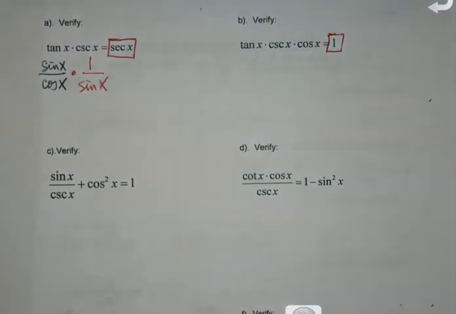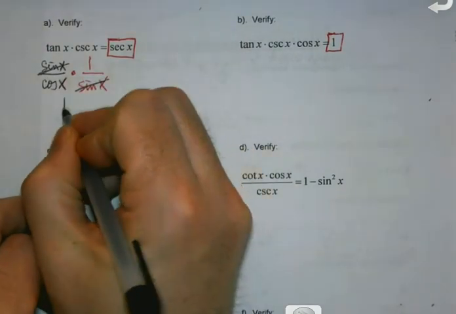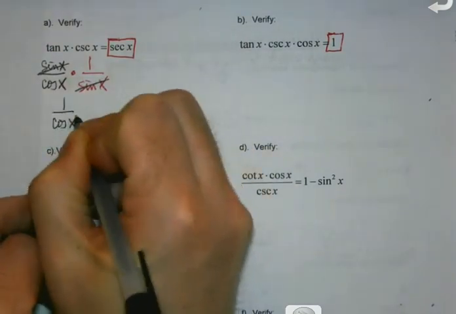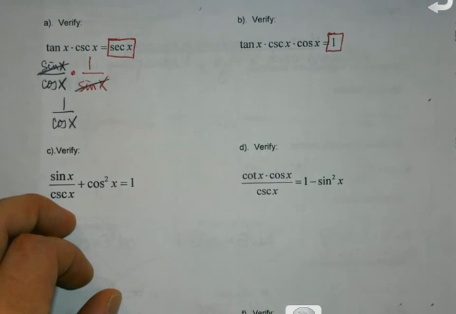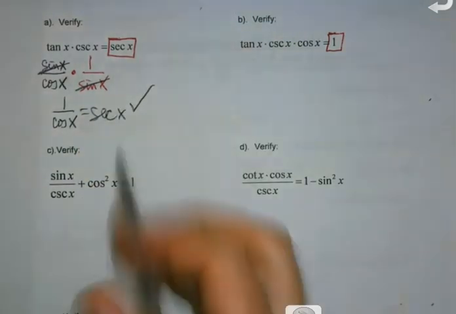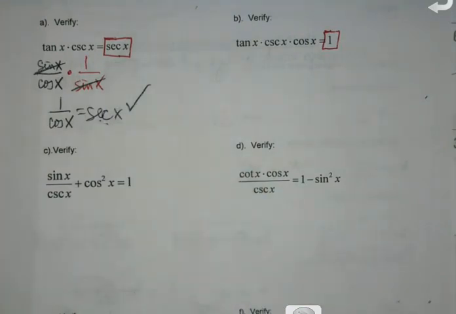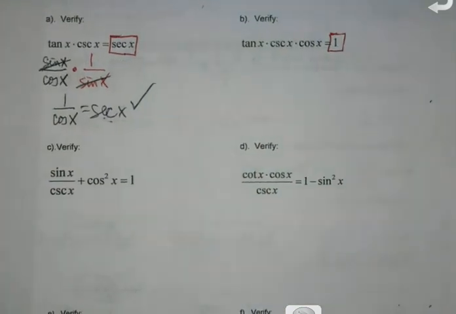You're like, all right, so can I cancel anything? Sine. I can cancel the sines at this point, because again, this is just like a regular fraction. So those wipe out, and I end up with 1 over cosine of x. What's 1 over cosine of x equal? Secant x, check. Because now I've just made this look like the right side. And this will work every time. Sometimes it'll go fast, sometimes there's a little more thought process to it. But that's all I'm doing with these.